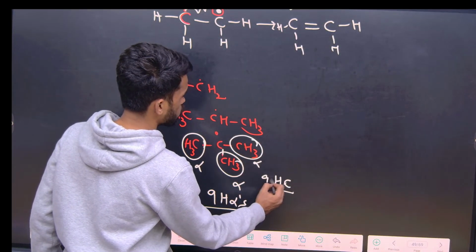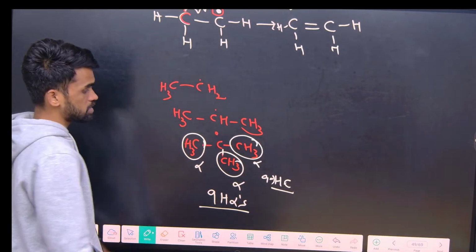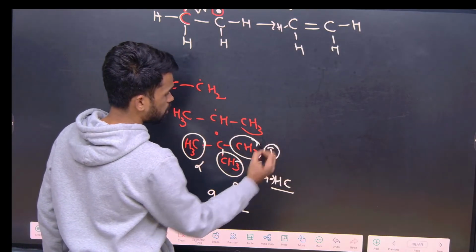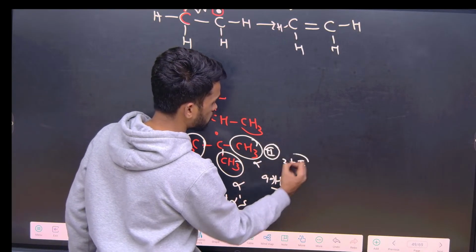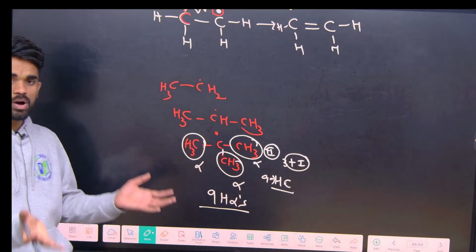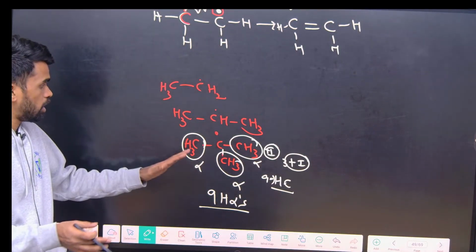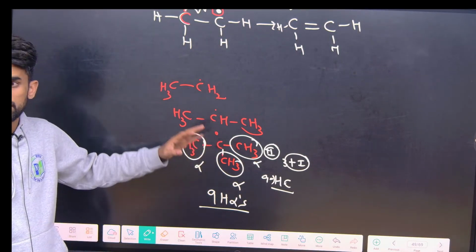Okay, 9 hyperconjugations are possible, 9 resonating structures, and I can say this has plus I groups also. So how many plus I groups? 3 plus I groups. Like that you need to sum up all the effects possible to give the final stability of a given compound.